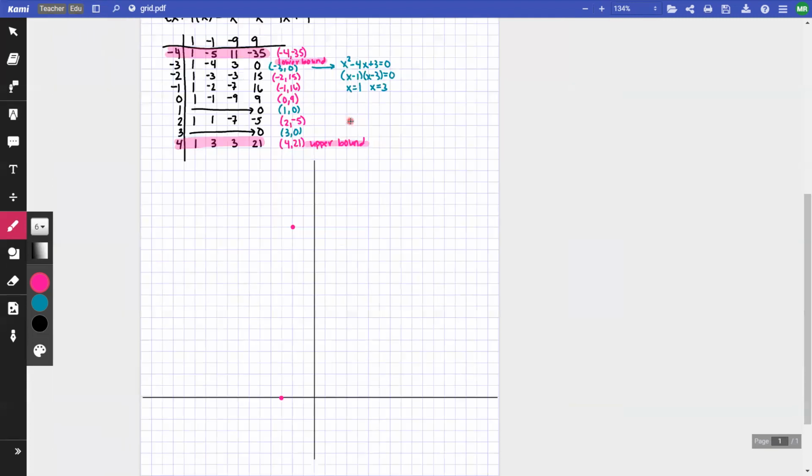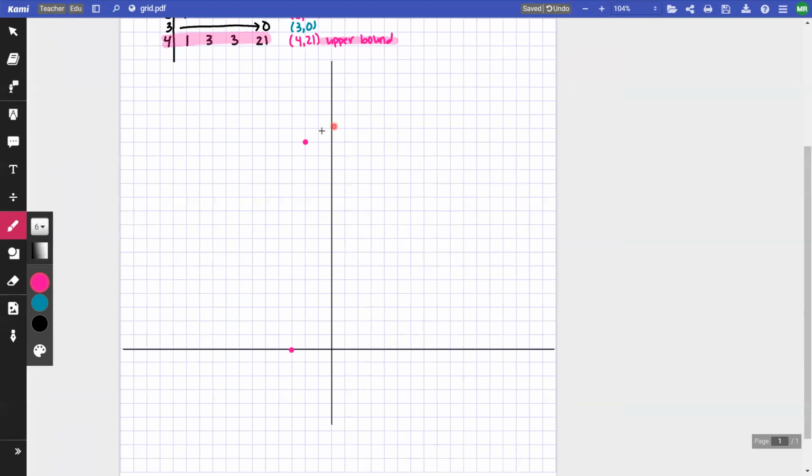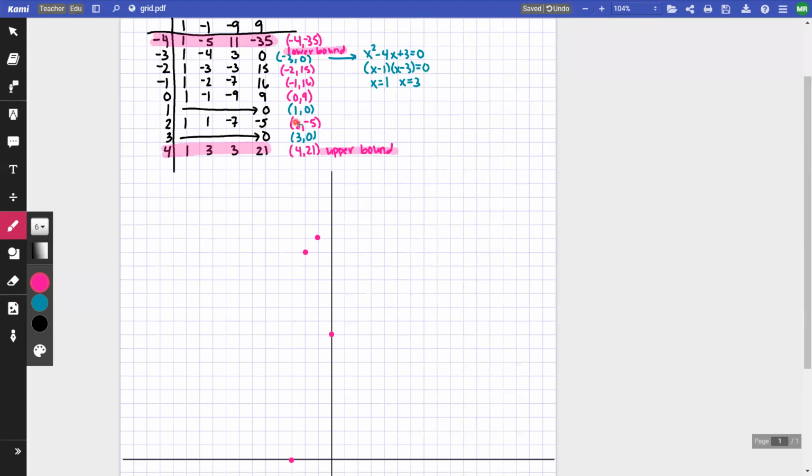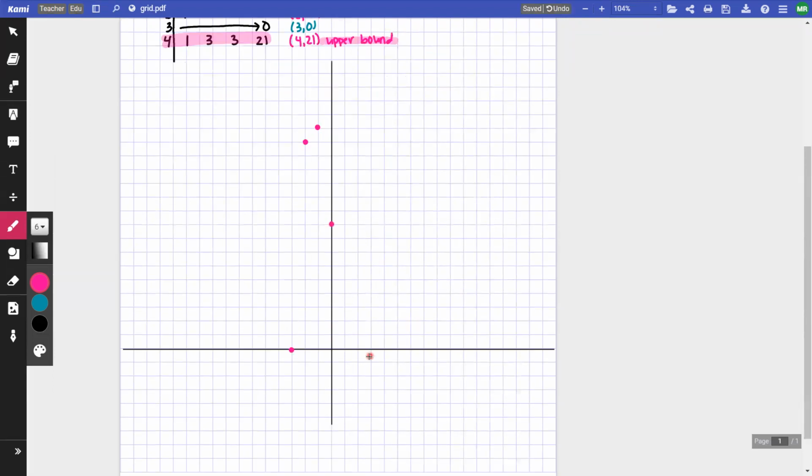Then -1, 16, so -1, 16 would be here. I'm just plotting the points. So I plotted my -3, 0, -2, 15, -1, 16. My 0 was a 9. My 1 was a 0.